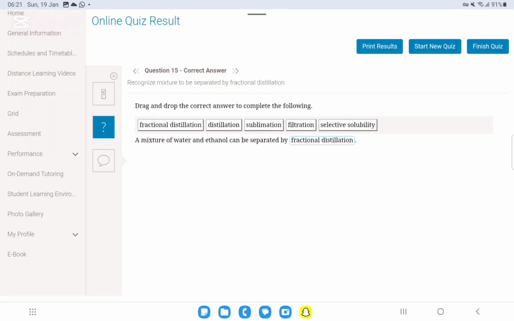As we said before, a mixture of water and ethanol. Water and ethanol have close boiling points. Ethanol, I think 78 or 73, and water, we know it's 100. They have very close boiling points. And we said before, for close boiling points, we use fractional distillation.